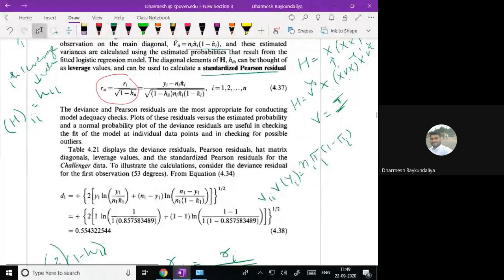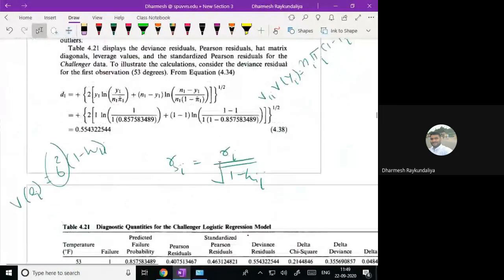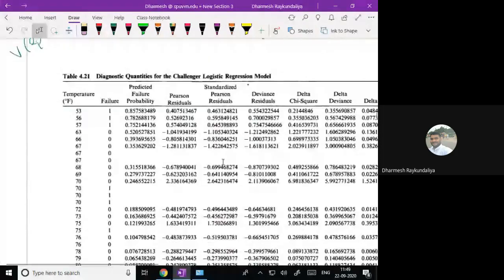Okay, so these are the standardized Pearson residuals, and for a given data you can easily calculate these values. The temperature is given, the failure is given, and the predicted probability: how will you calculate? You calculate the eta, and based on the eta, you calculate the pi cap. The predicted value is given. Pearson residual, how will you calculate?